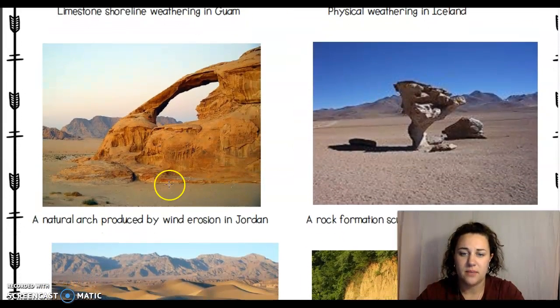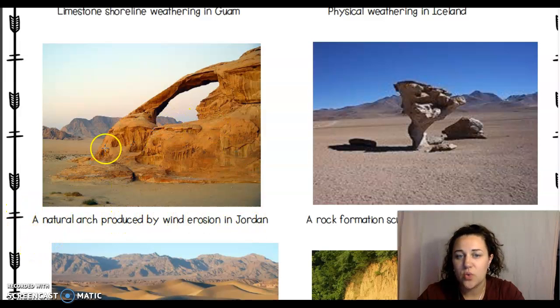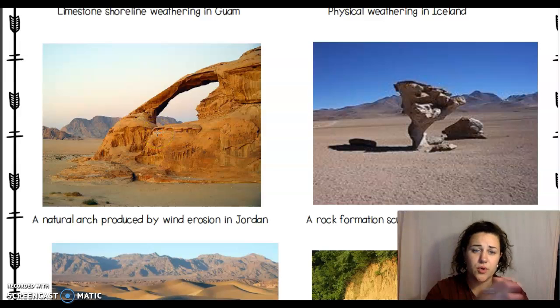Now I have two examples of erosion here. So a natural arch produced by wind erosion in Jordan. So the wind just picking up sand and blowing it could cause the weathering, and then the erosion is that all those pieces of the rock that were broken off, now erosion moved it.